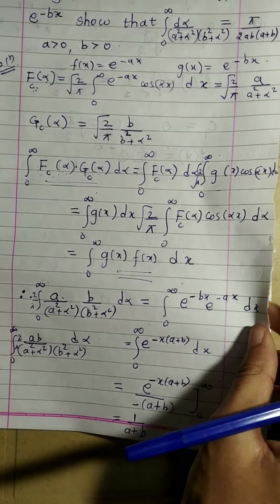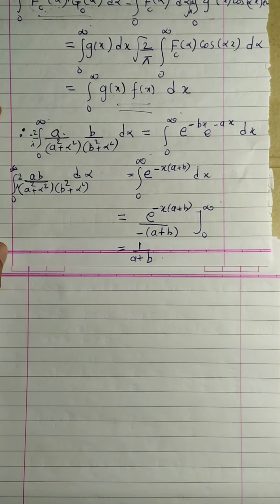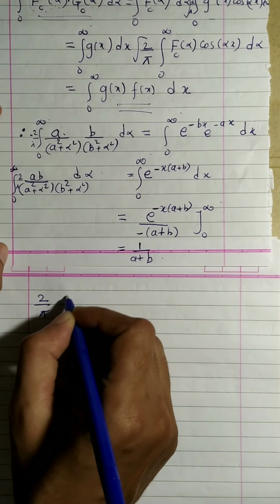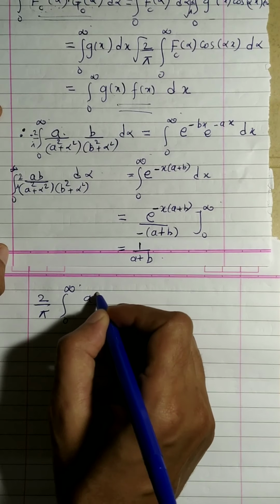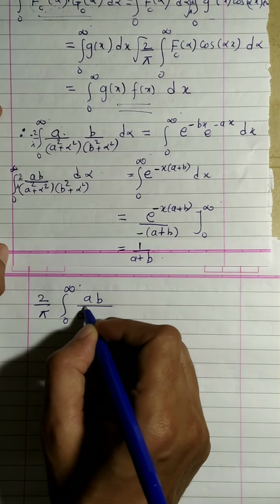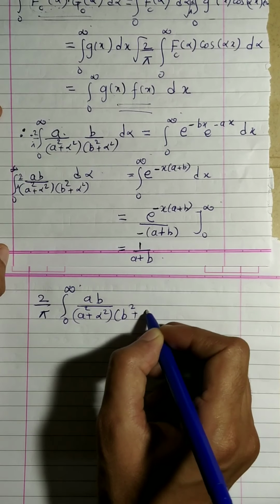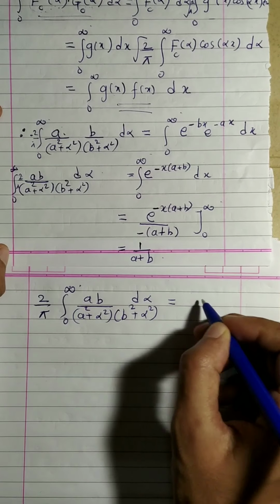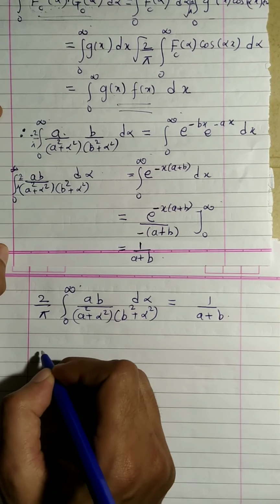Then what we will get is 2 upon pi, integral from 0 to infinity ab divided by (a square plus alpha square) into (b square plus alpha square) d alpha, equal to 1 upon a plus b.